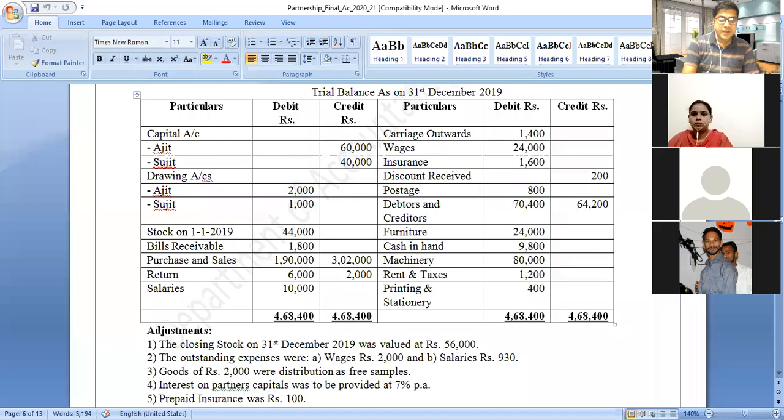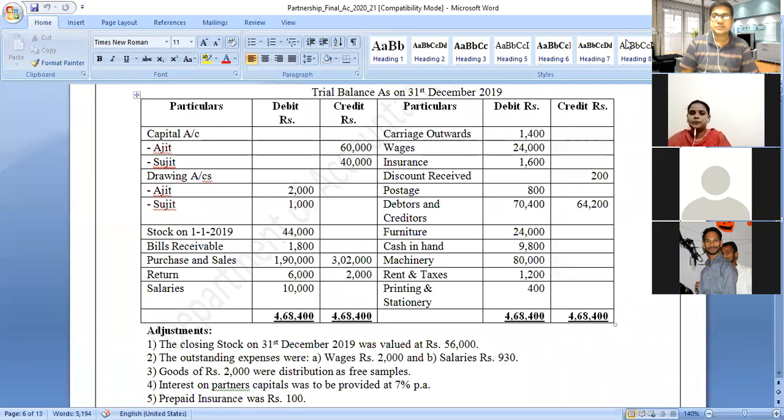Now, fifth adjustment: prepaid insurance was rupees 100. Now can you give the two effects? Do you know something? Balance sheet asset side. I don't want guessed answers.